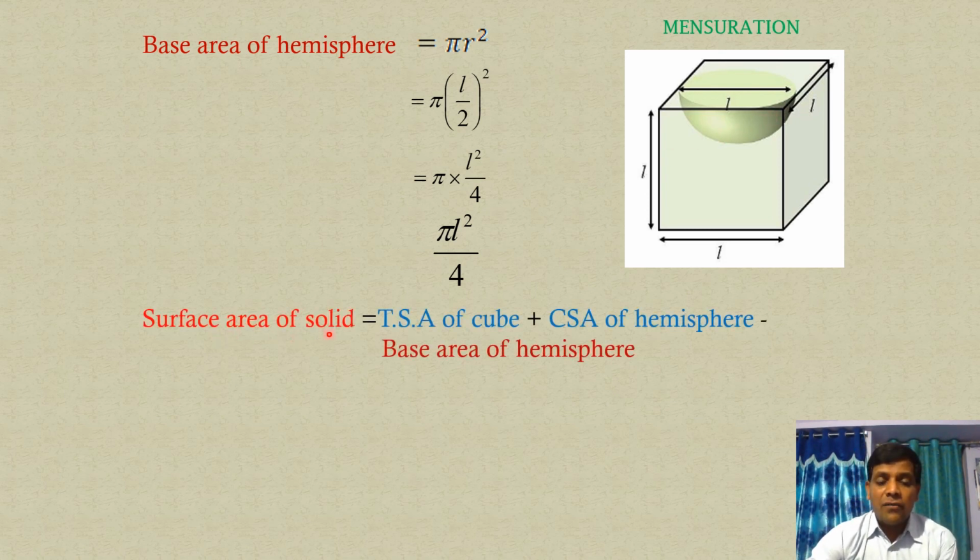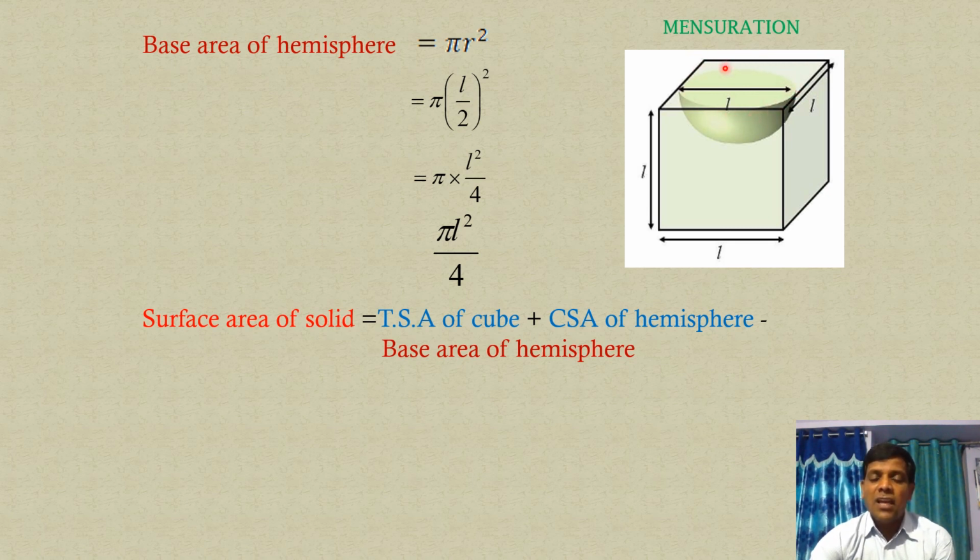Surface area of the solid. What is the formula? TSA of a cube plus CSA of a hemisphere minus area of the circle, because this is the base area of the hemisphere.